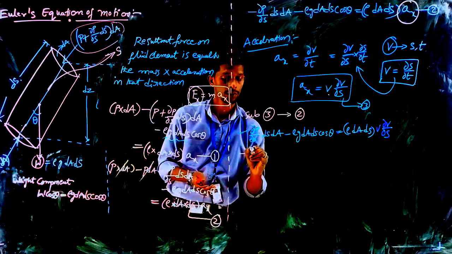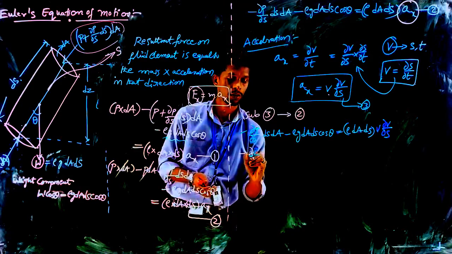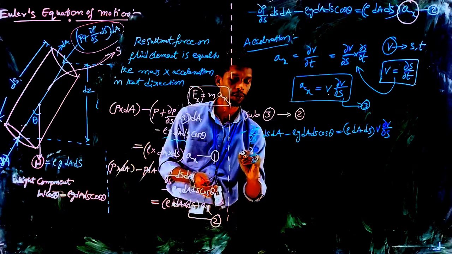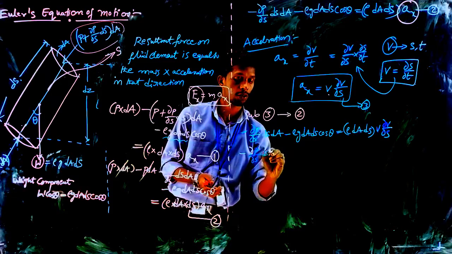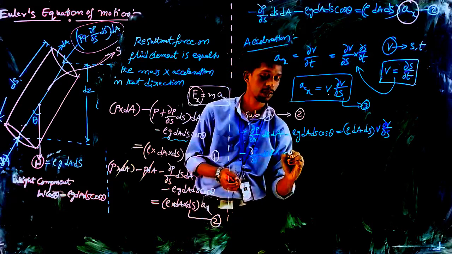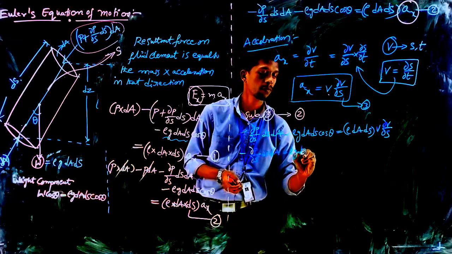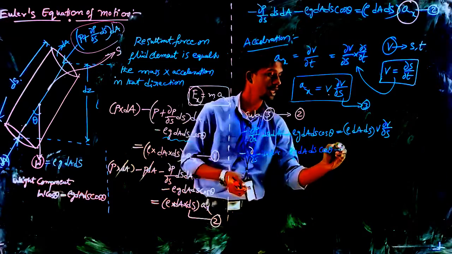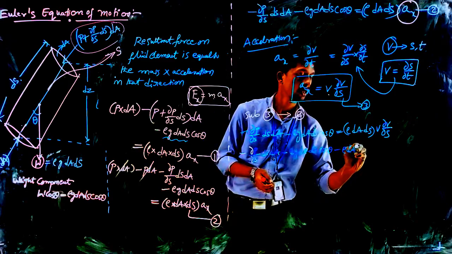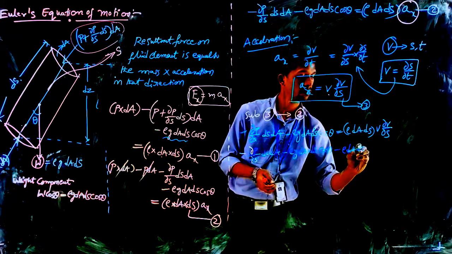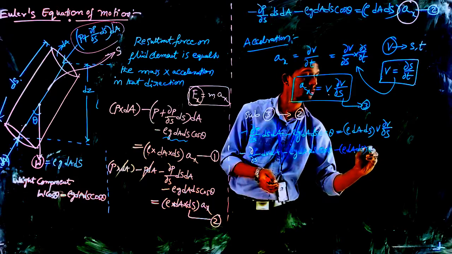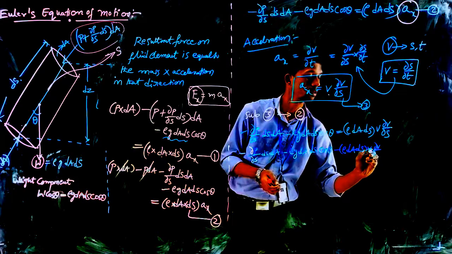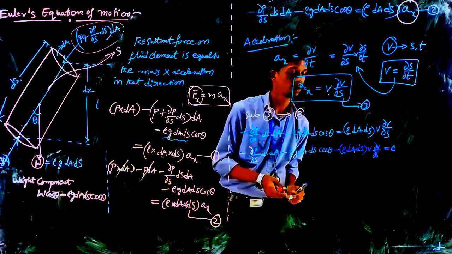So minus dou p by dou s into ds into dA minus rho g dA into ds into cos theta, again minus rho dA into ds multiplied by v into dou v by dou s is equal to 0.